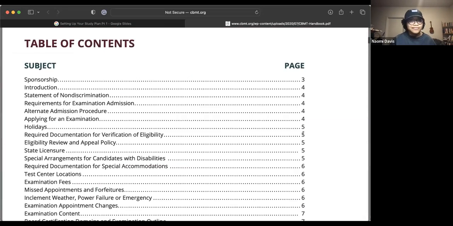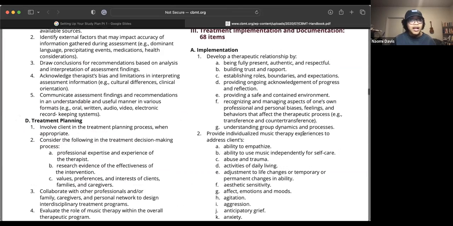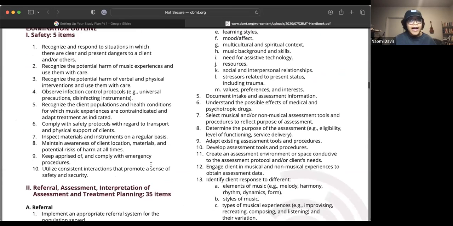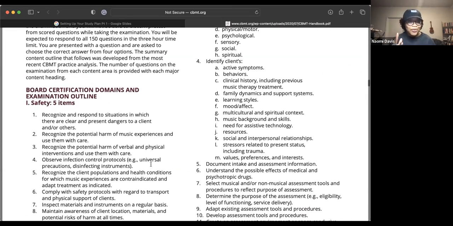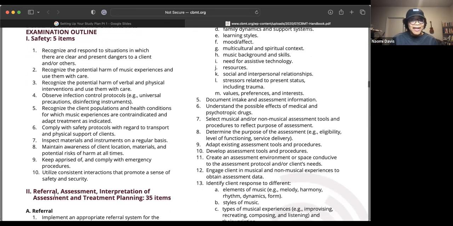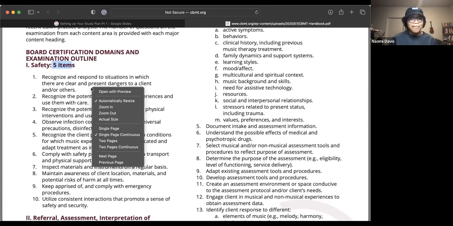So this document is wordy and long, but a lot of important information. Each of the 5 domains also includes how many questions from each domain are on the exam. Safety is not a very long domain, it's just 10, and because of that, there are only 5 questions on the exam from that domain.